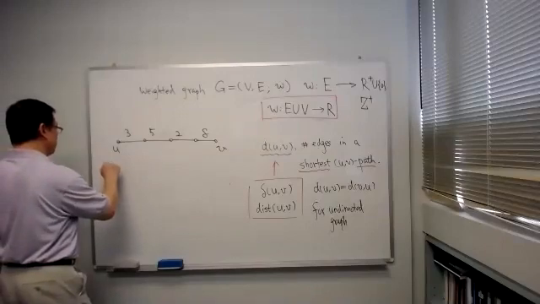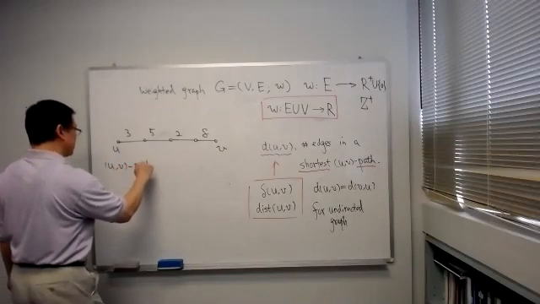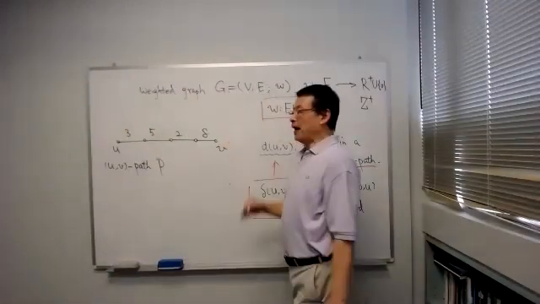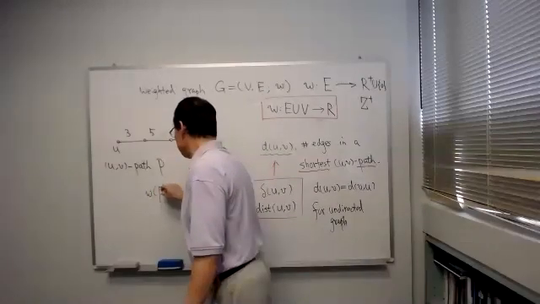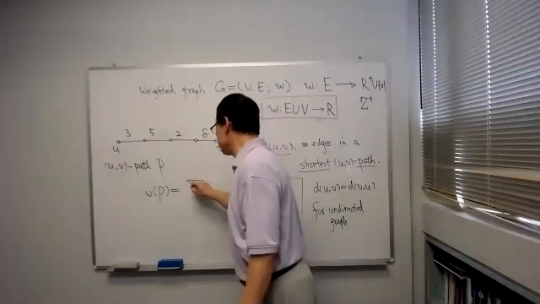Here we have a u-v path. Now for this path, we have its weight. This is of course the sum of weights on edges.